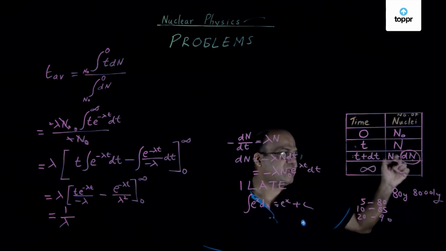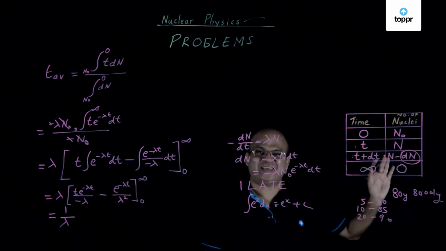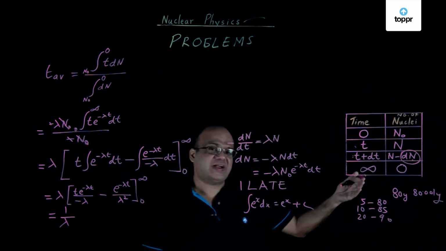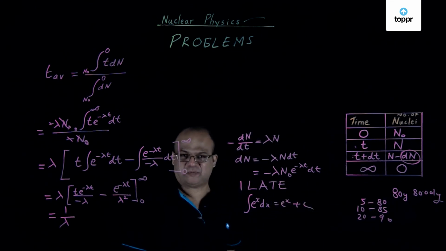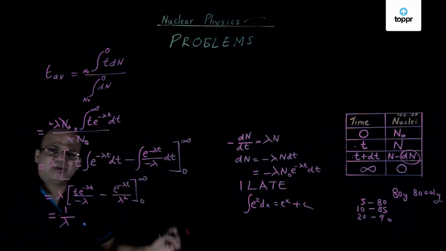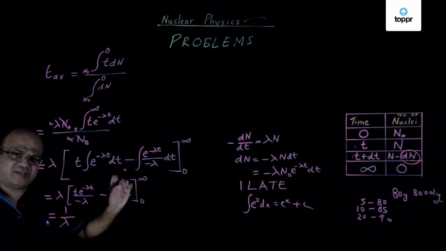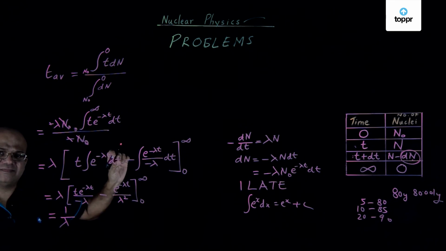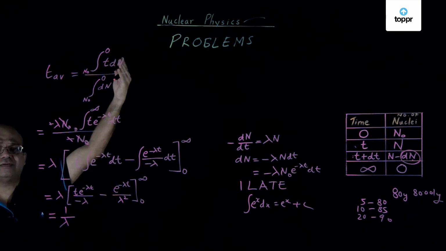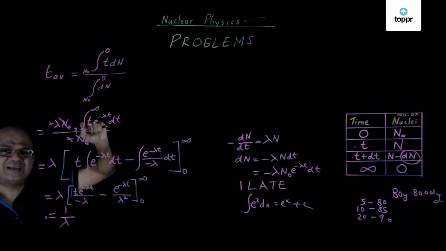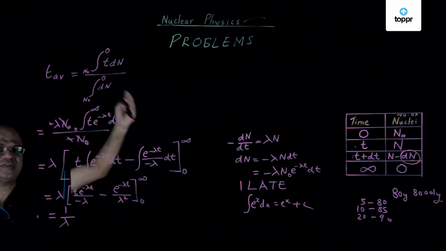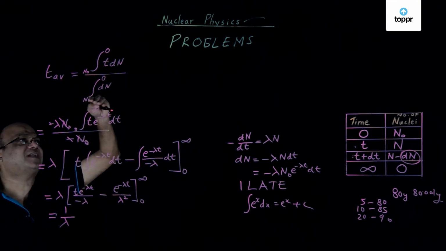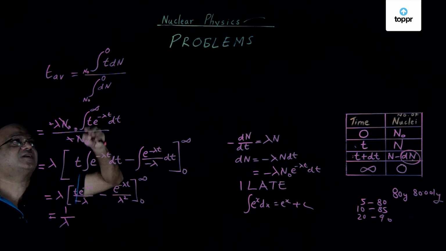So life of dn nuclei is t. At infinite time, obviously the number is 0. So the average life is given by integral of t dn from n0 to 0 divided by integral of dn from n0 to 0. The bottom integration is very easy and direct, minus n0.